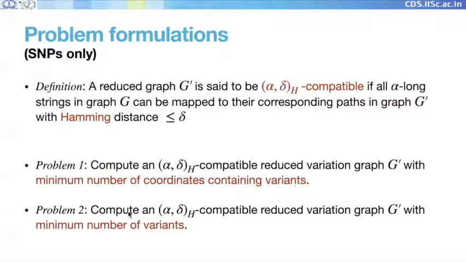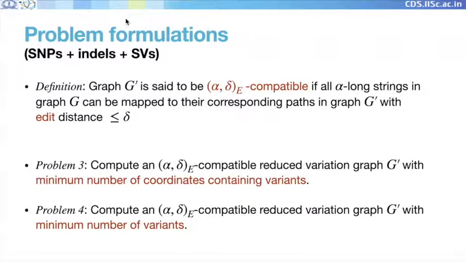In problem 2, we seek an alpha delta compatible reduced graph G dash with the minimum number of variants. Depending on the user's objective, one can solve either problem 1 or problem 2. So this was the case where the graph had only SNPs.